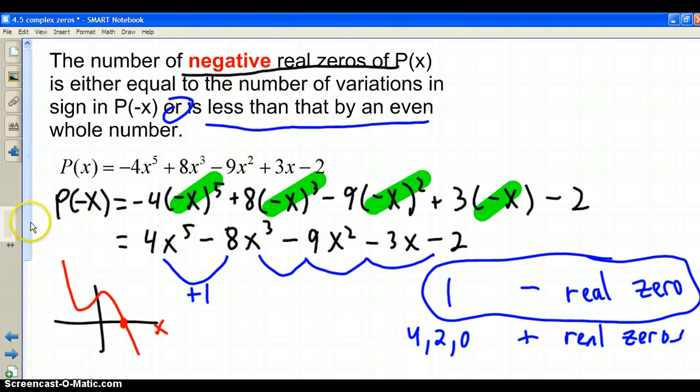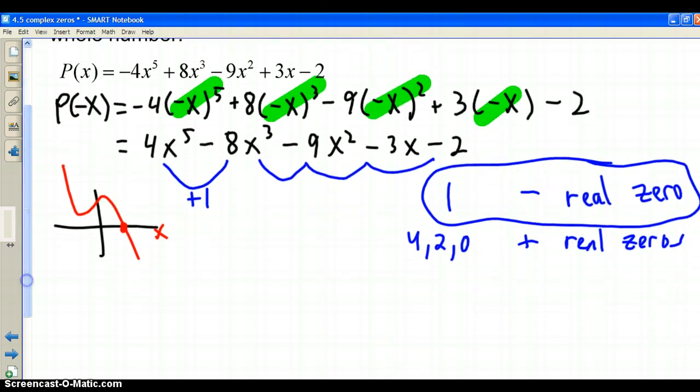So let's think about how many real zeros this function will have. If you look at the first term, you can see that it's definitely going to have 5 zeros for sure. I know this one's a given, right? There's no doubt that there's one negative real zero. So there must be 4 other zeros somewhere.